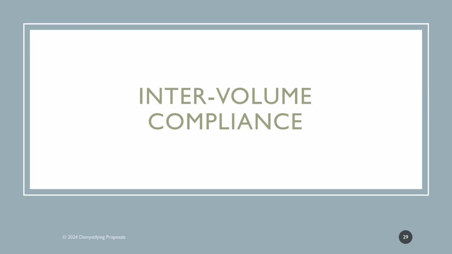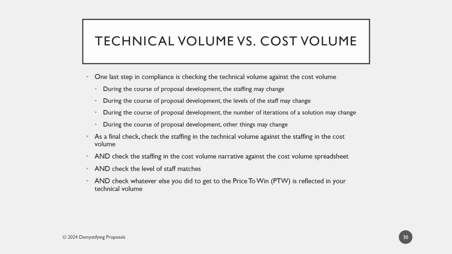I've already mentioned this a couple of times, but one of the things you need to make sure is that you do inter-volume compliance. So particularly for the technical volume versus the cost volume, these are some things that you need to check for compliance purposes. So during the course of proposal development, the staffing may have changed.